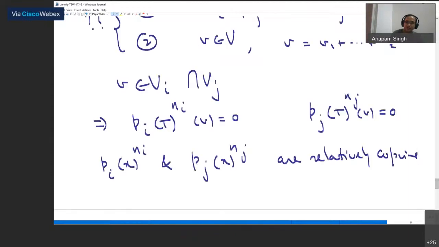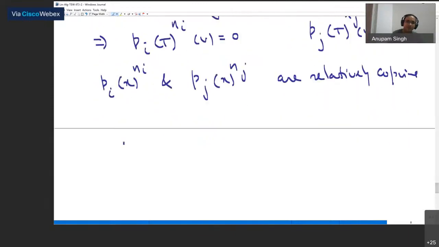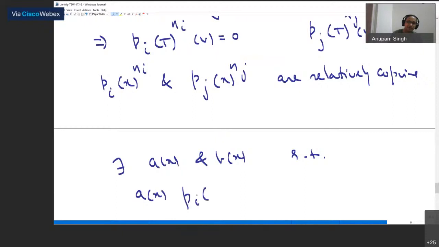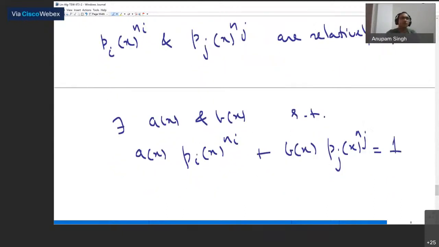If there are two relatively coprime polynomials, there exist some other polynomials, let's say a(x) and b(x), such that a(x) Pi(x) to the power Ni plus b(x) Pj(x) to the power Nj equals 1, right? This is what we would do in very basic ring theory for polynomials.